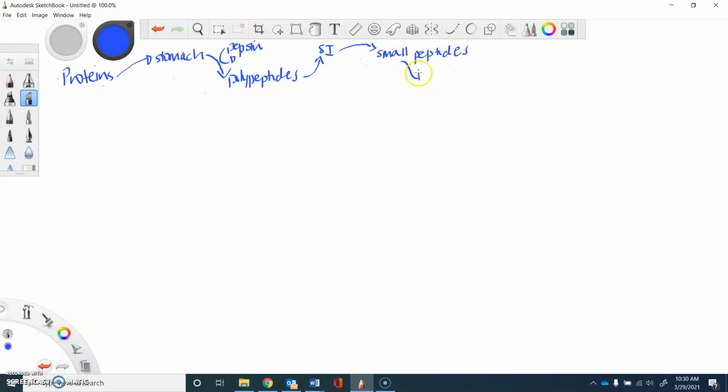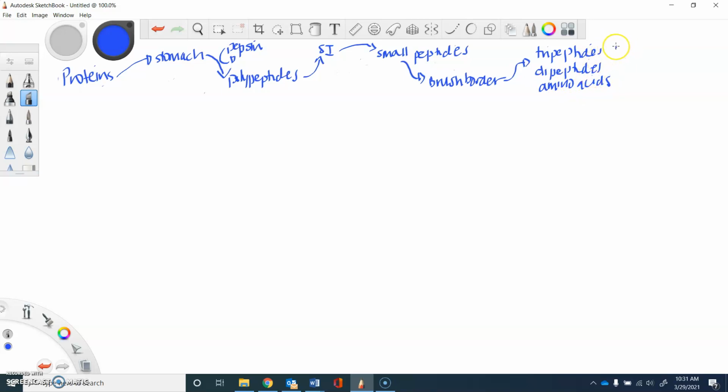From there, they'll go to the brush border, where then they will be broken down into tripeptides, dipeptides, and amino acids.